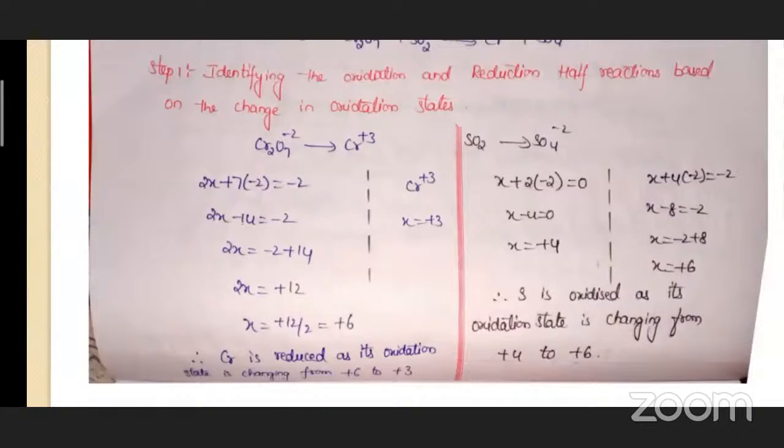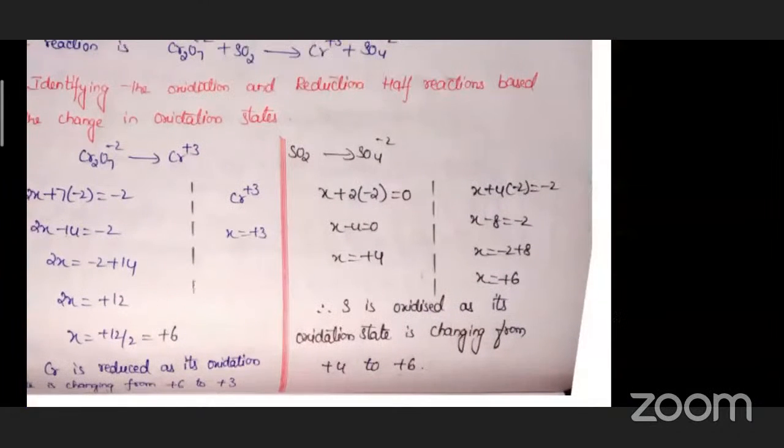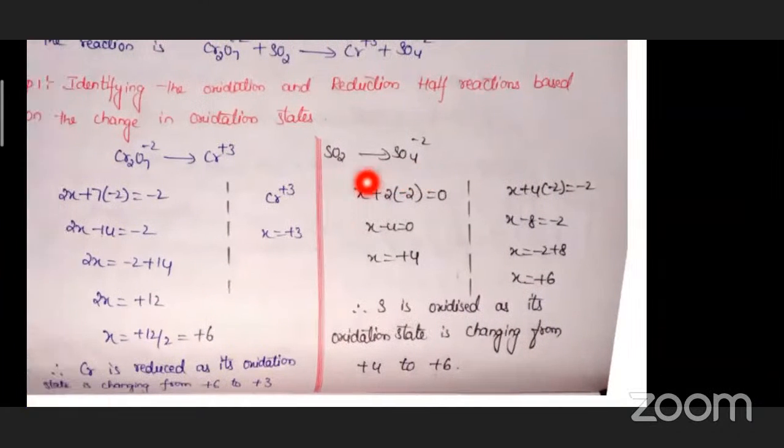Next, coming to the oxidation states of sulfur. Here you see one sulfur. So let it be X. 2 oxygen atoms, so 2 into minus 2. Here it is equated to 0 because SO2 is a neutral molecule. No charge is written over SO2. Yes or not?